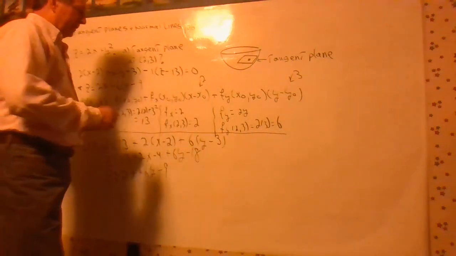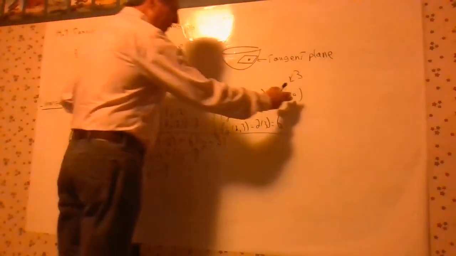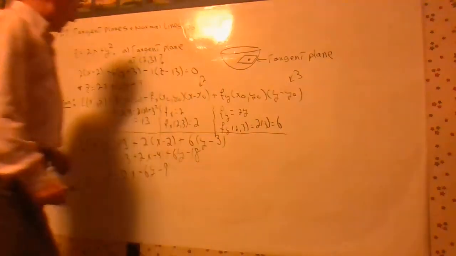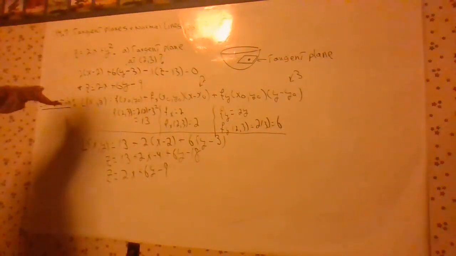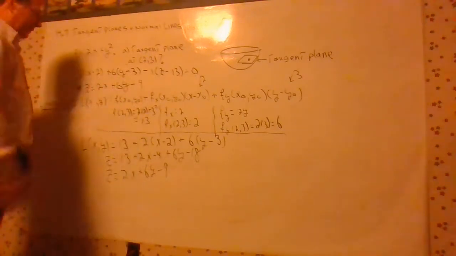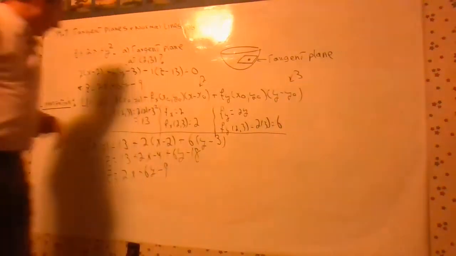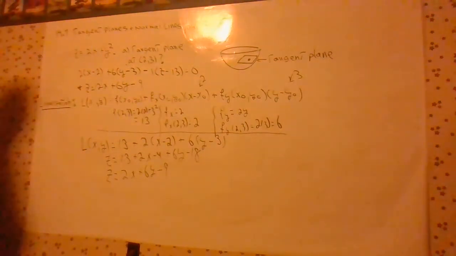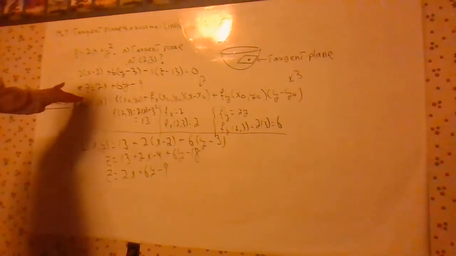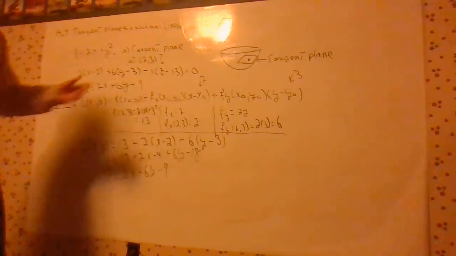These two terms right here were the total differential. And this basically tells us we move off the starting point. It's a starting point plus a change gives us a new function value. This is nothing more than the tangent plane.